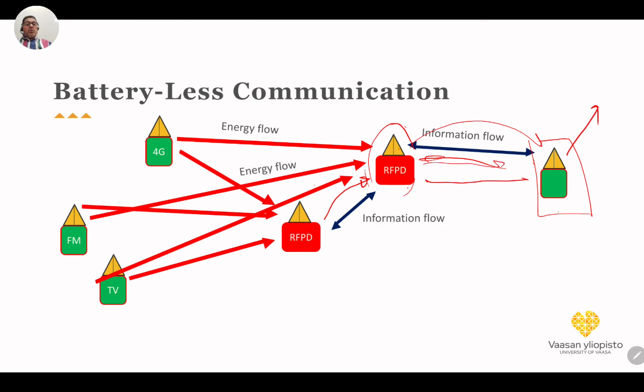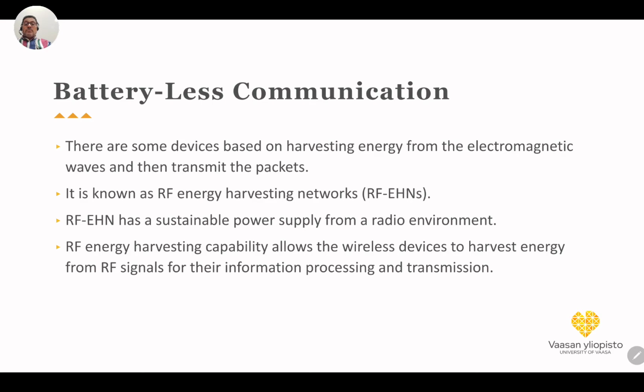However, the working range can be only a fraction of 1 meter, less than 1 meter. So it has some special kinds of applications. As I said, it is called RF energy harvesting network.